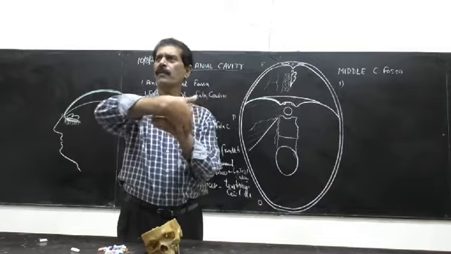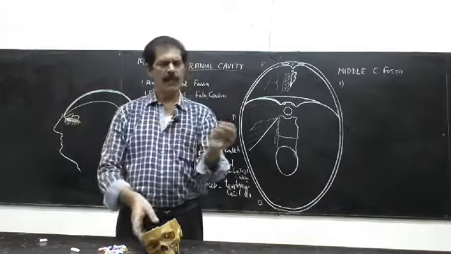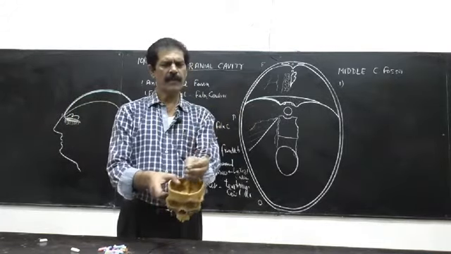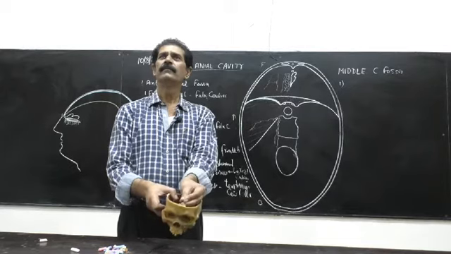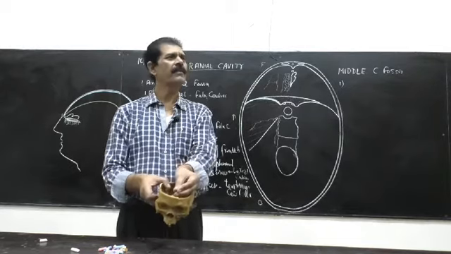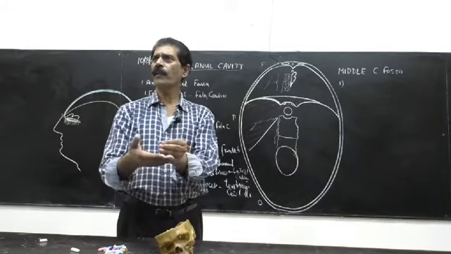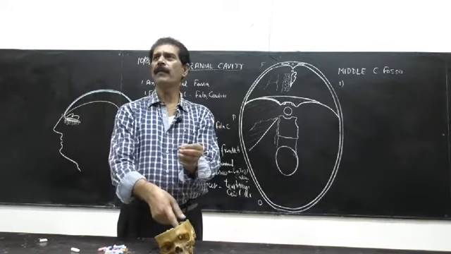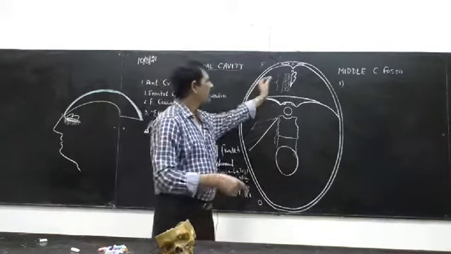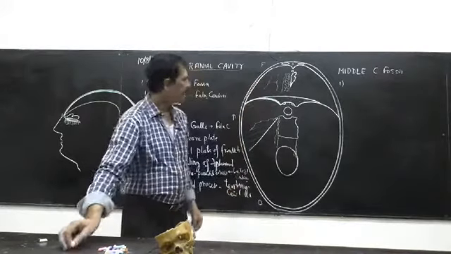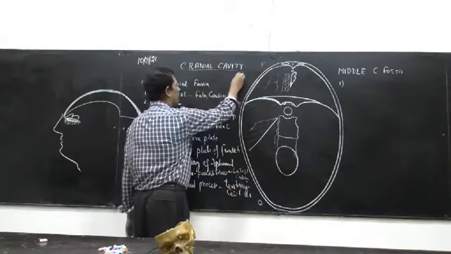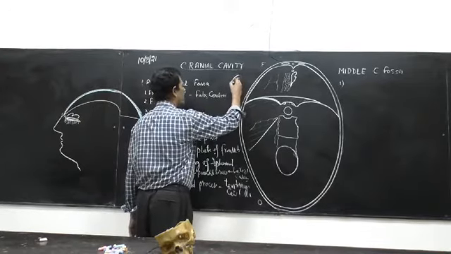Sulci and gyri are present on this surface, you make a diagram. So this cerebral hemisphere is now fitted here like this. So frontal pole will touch this surface and the inferior surface of the frontal lobe will touch the orbital plate. And how do you make the inferior surface of the cerebrum?